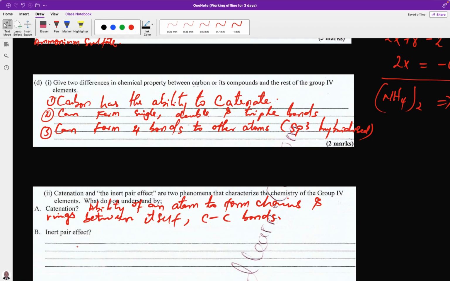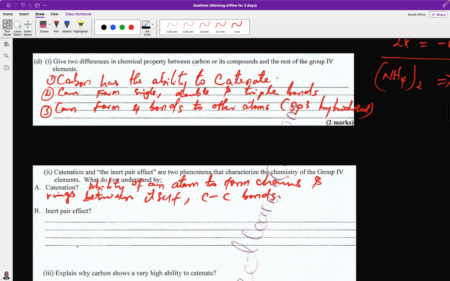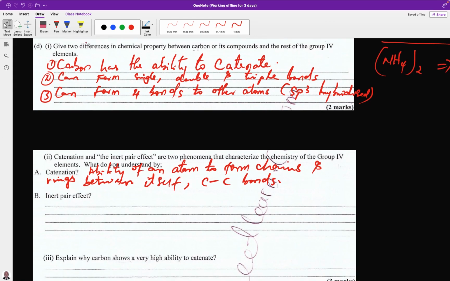This is a phenomenon where the two electrons in the s orbital remain paired and do not participate in bonding. Let me put it this way.